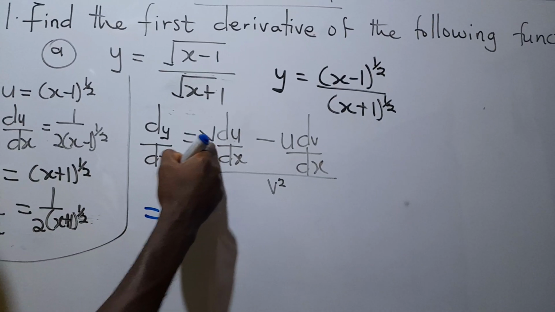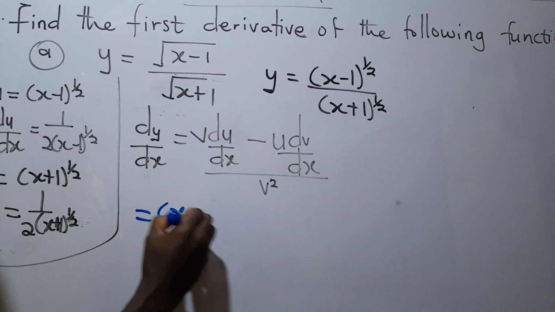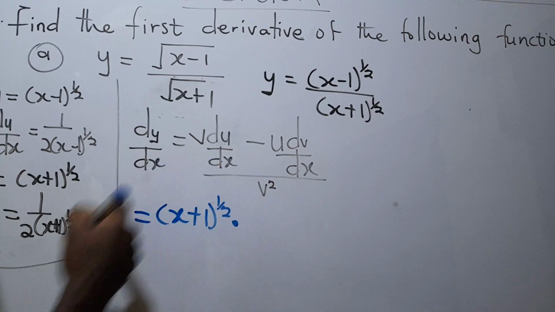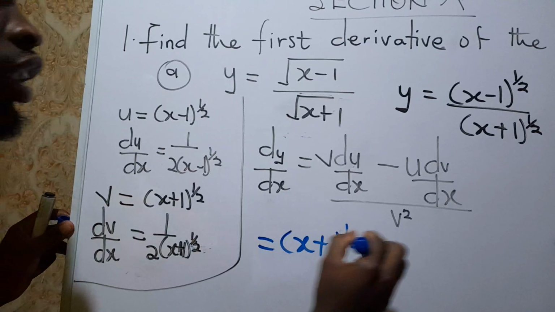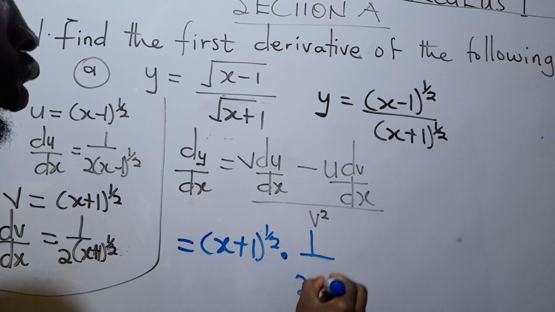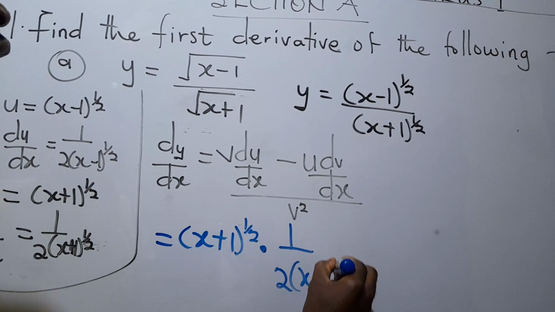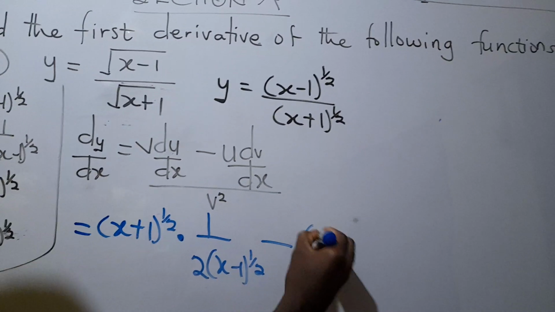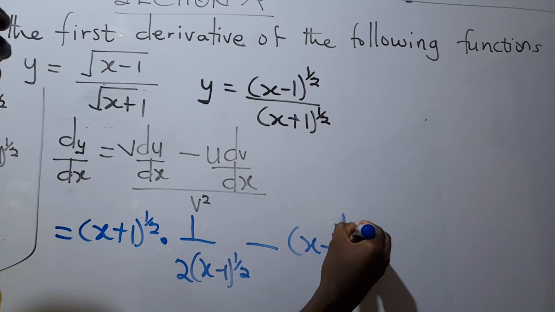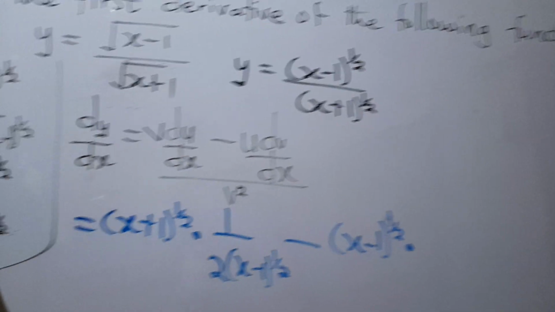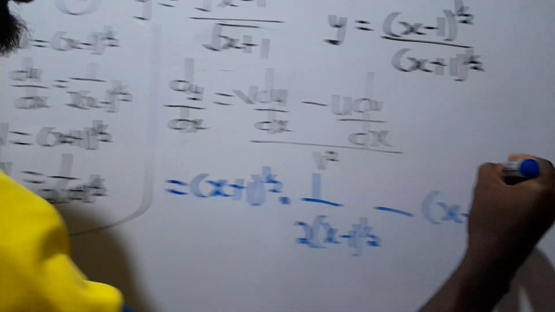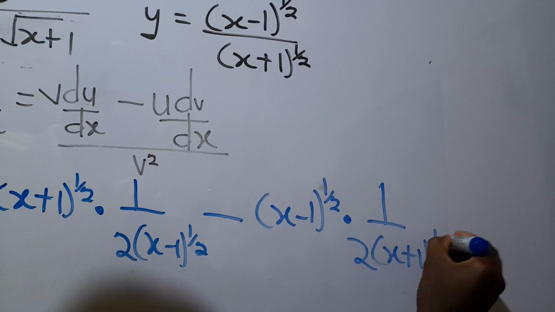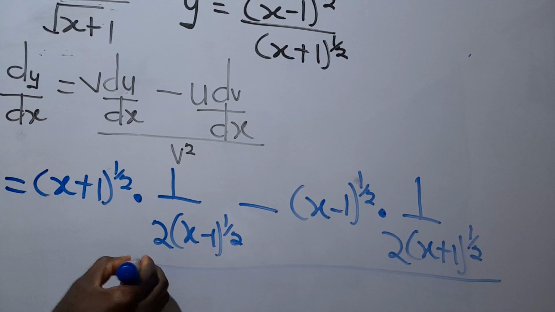So what's our v? v is (x plus 1) exponent half times du over dx. du over dx is 1 over 2 (x minus 1) exponent half, minus u, which is (x minus 1) exponent half, times dv over dx, which is 1 over 2 (x plus 1) exponent half, all over v squared.